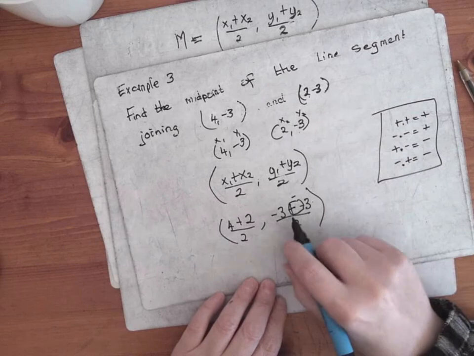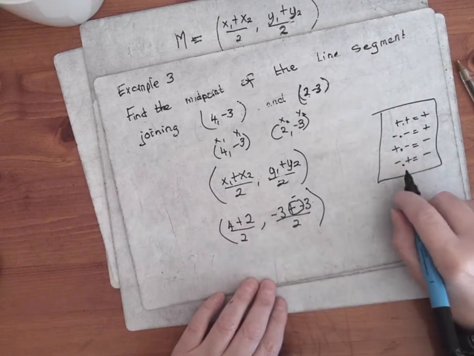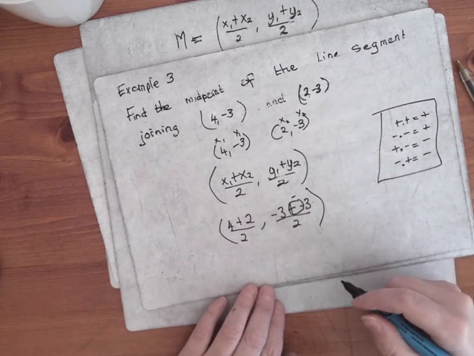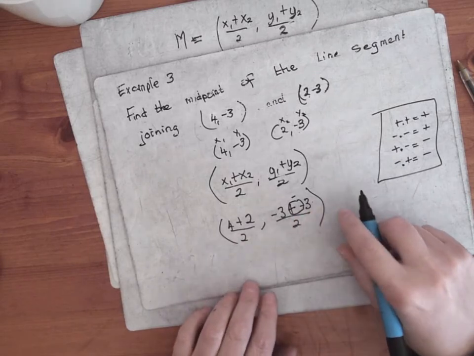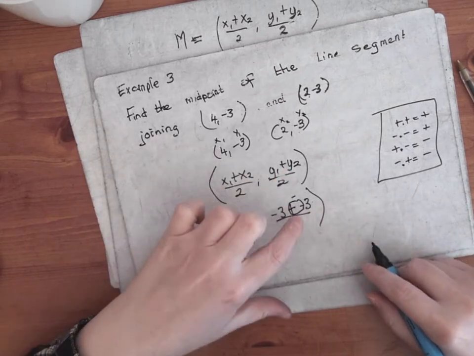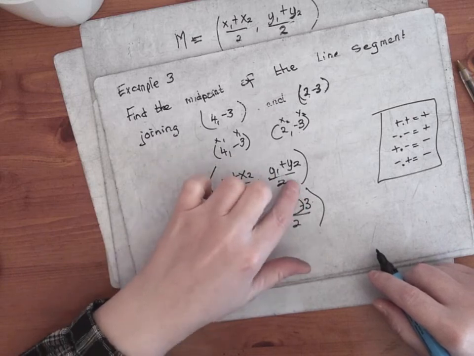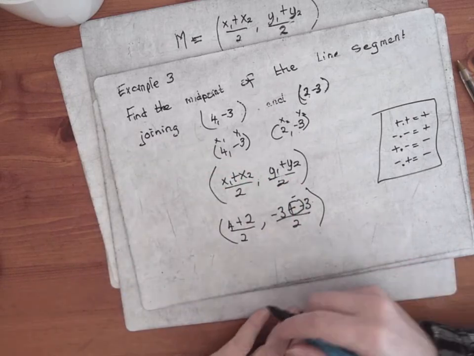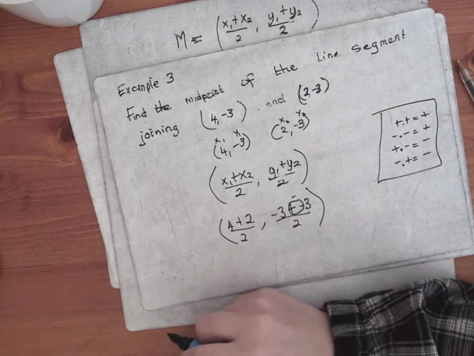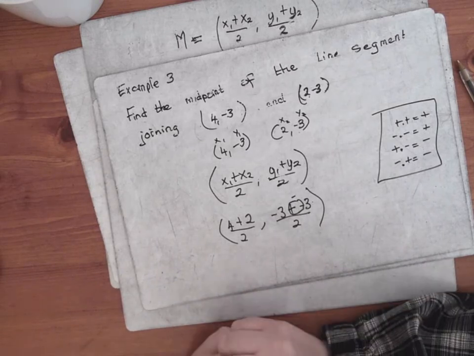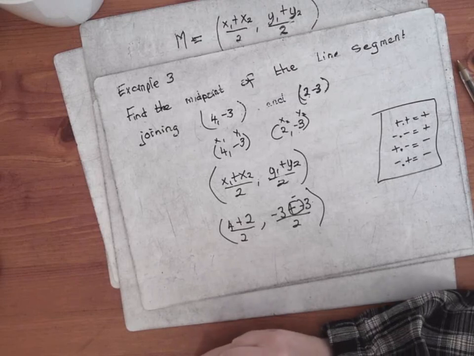If you end up with a plus minus, that's minus, or a minus plus, that's minus. So in this case, the plus came from the formula, and the minus is part of y2. I can't do a plus minus. If you put it into a calculator as plus minus, you'll get an error message.